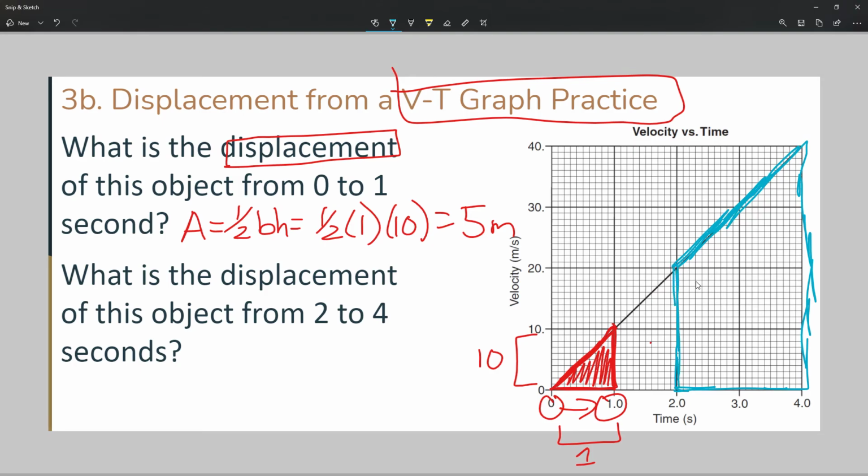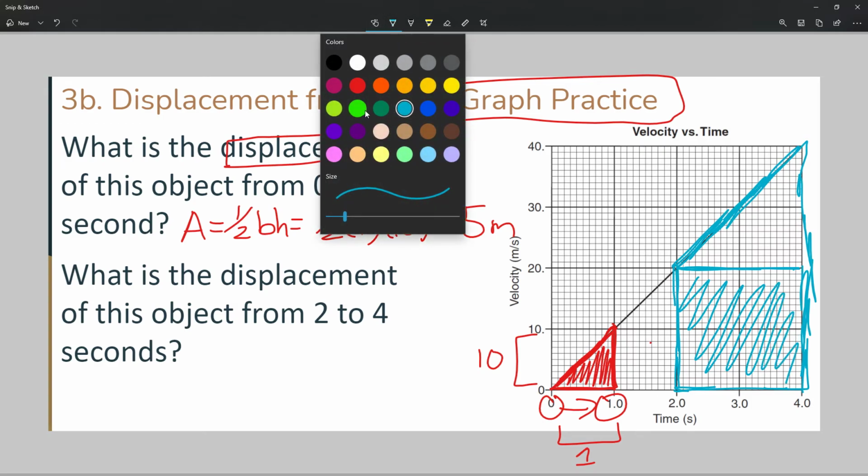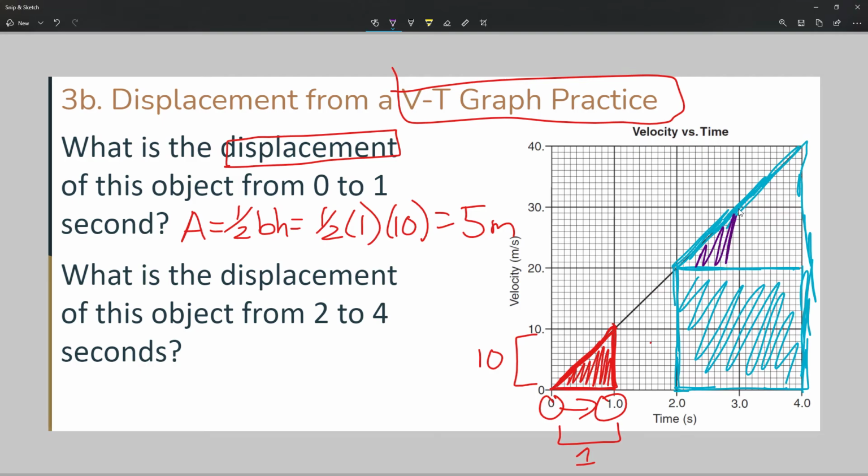It's an irregular shape, so we can't use a specific formula. Instead, we split this graph into two sections. We calculate the area of the square first, and then add the area of this triangle to get our total area.